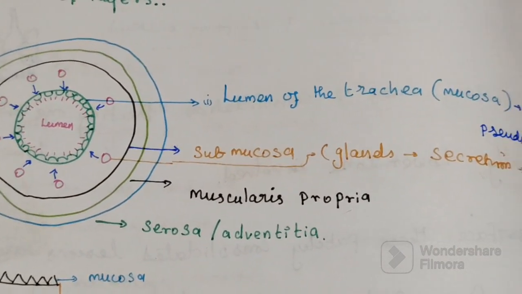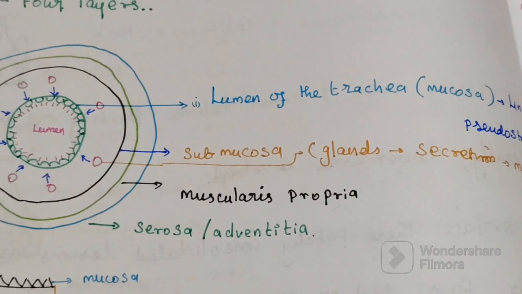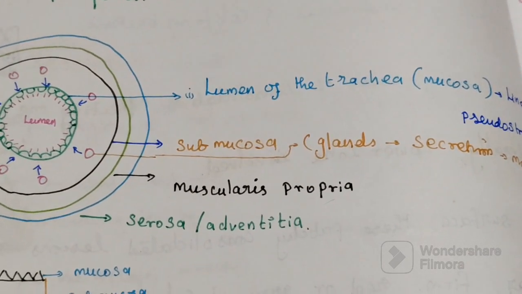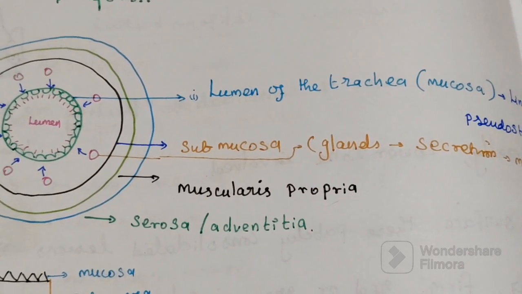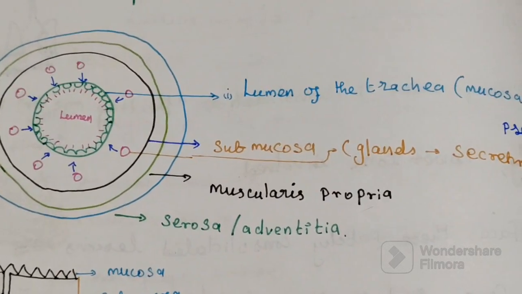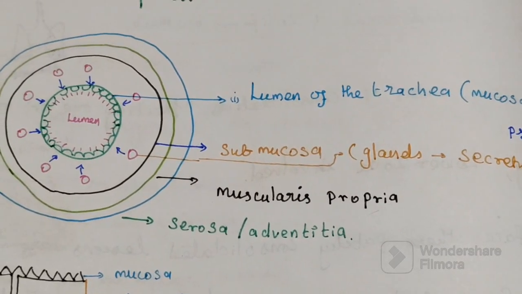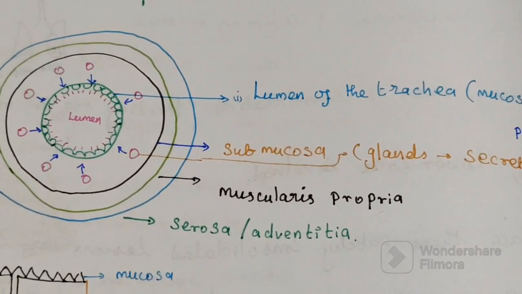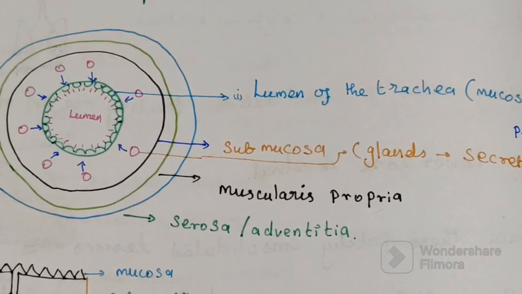So first is the lumen, then the mucosa, then the submucosa, then the muscularis propria and the serosa. These are the 4 layers. The serosa has another name, adventitia.